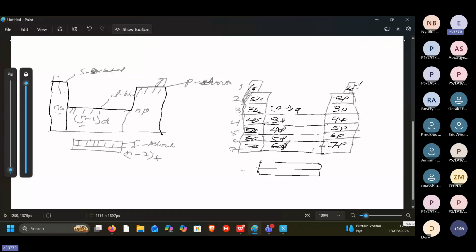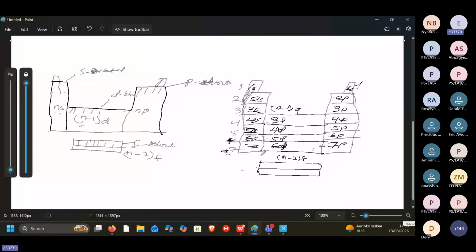Now the lanthanides will be having n-2 and then f. So if you look at it, they are here. The lanthanides are found in period 6 and period 7. That's where we can find the lanthanides. So if we have period 6, then it means that they will be ending with 4f, and then 5f.